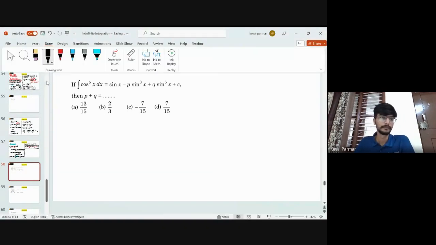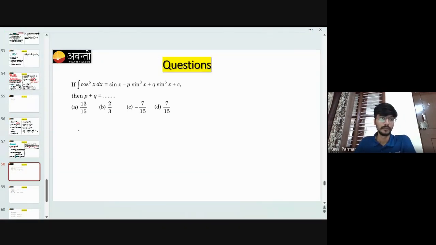Got it? In odd power, what I said is separate one power from the odd one. So I can write it as cos 4x into cos x dx. So cos x dx together, what do I think?